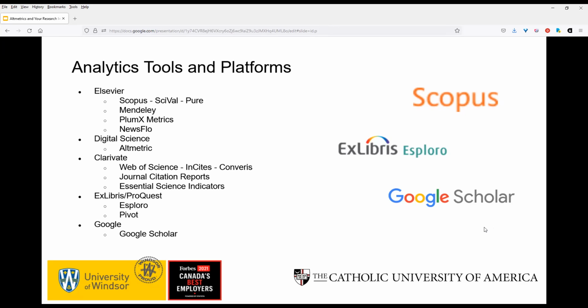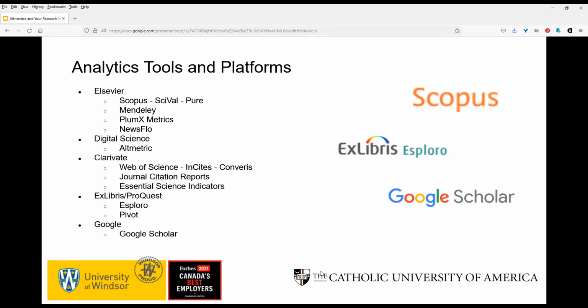Clarivate also has the Journal Citation Reports, which has been around for quite a while as well. And out of that, they have a unique metric called the Journal Impact Factor, and we'll look at that. They also have newer products like the Essential Science Indicators.